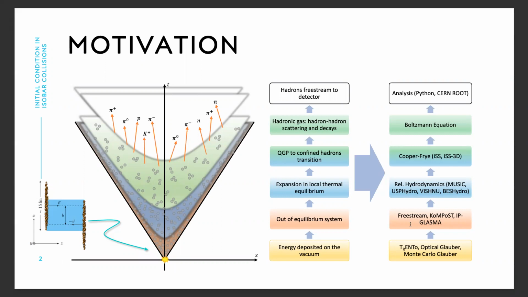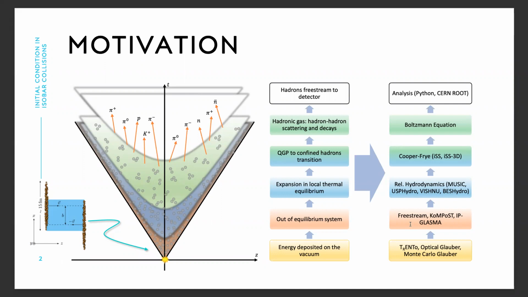So for energy deposition, which is what most people are talking about, we usually use some Monte Carlo based global models. Next to it, most likely this energy deposit is not in equilibrium, it's out of equilibrium.